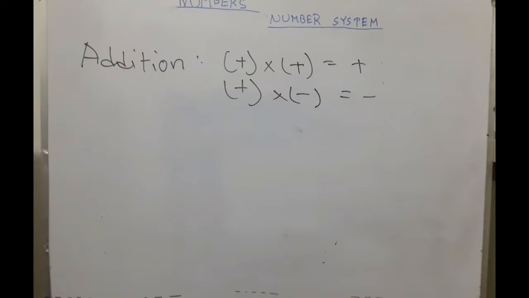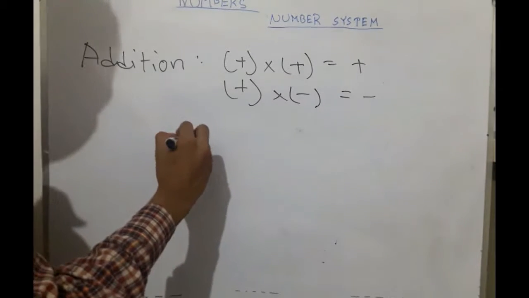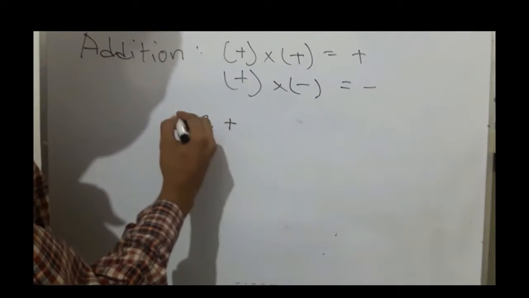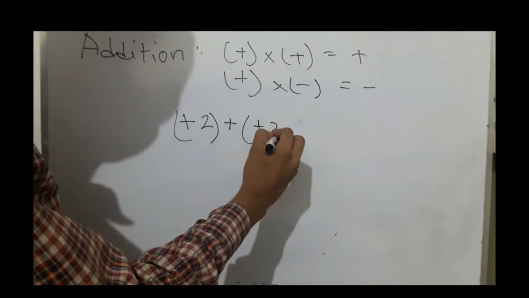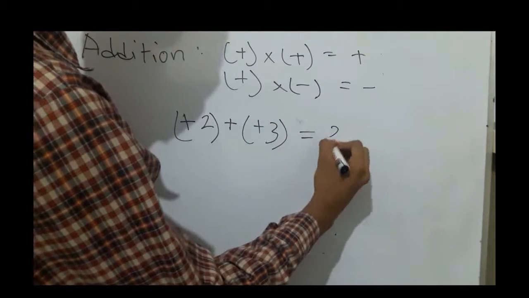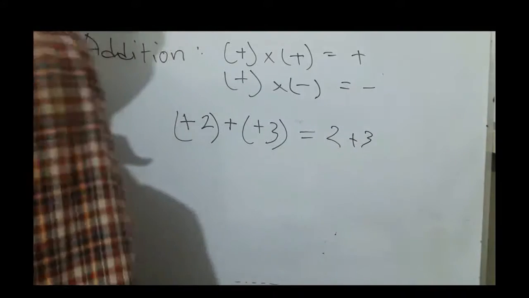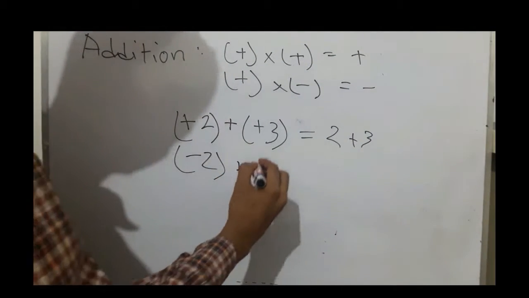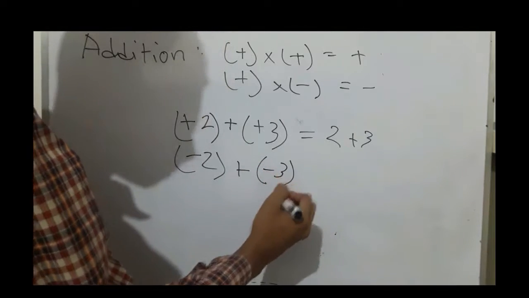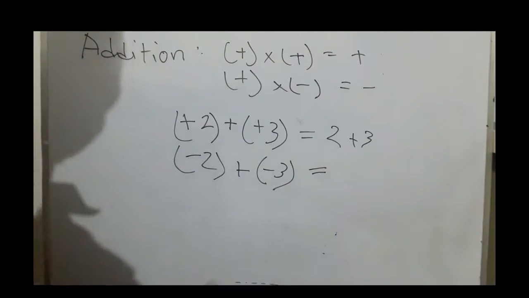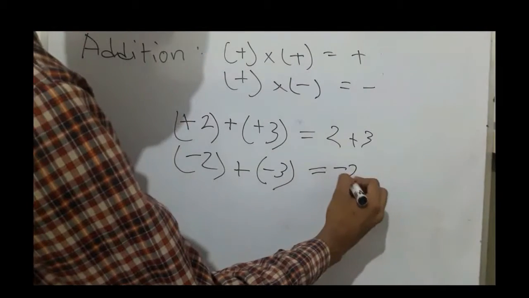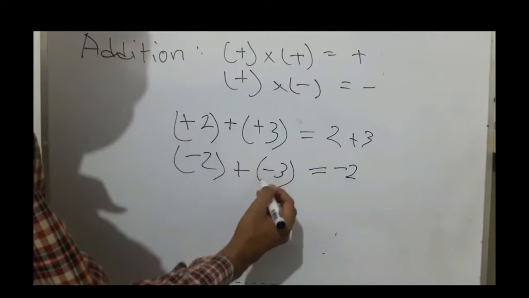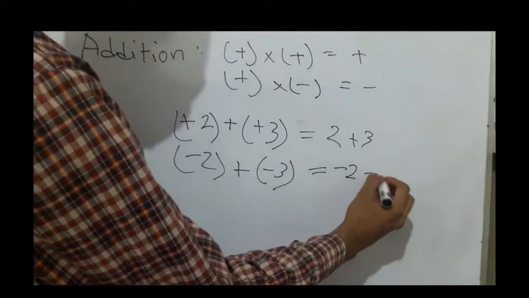For example, there are two numbers, 2 and 3. Plus 2 plus 3 equals 5. Minus 2 plus minus 3, which equals minus 5.